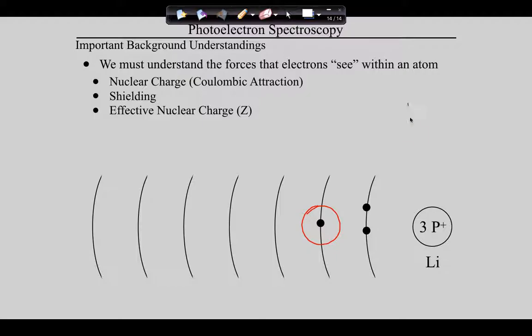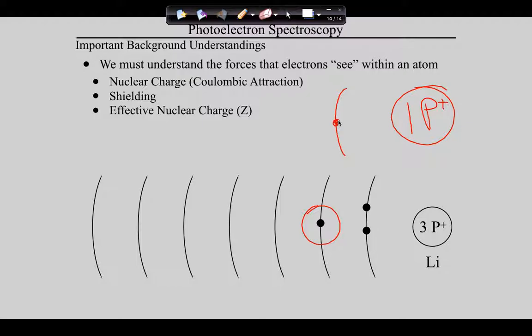So now guys, let's compare this to hydrogen. Hydrogen and lithium both have 1 valence electron. Do you agree? Which one's going to be harder to remove? The electron in helium or the electron in hydrogen?